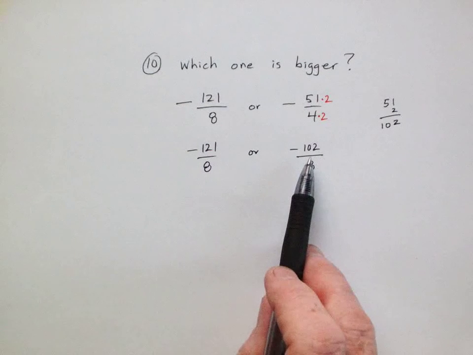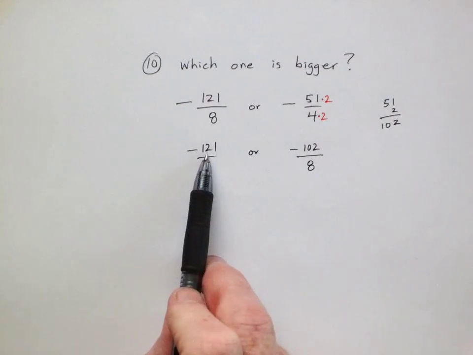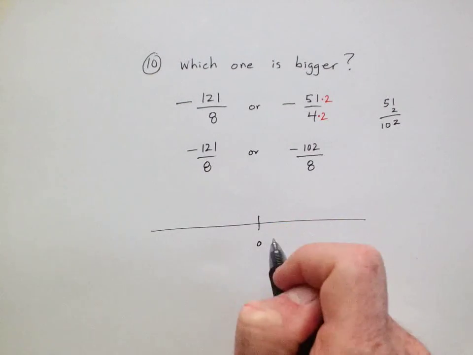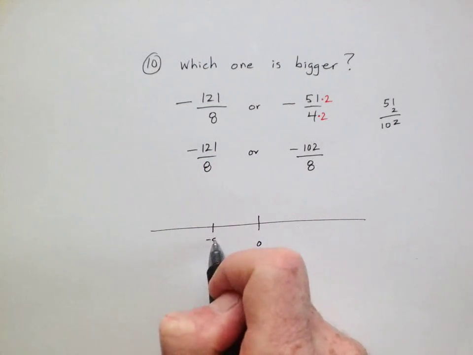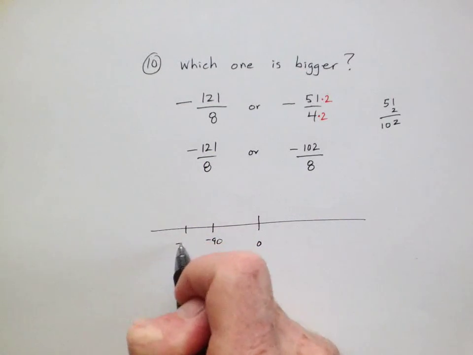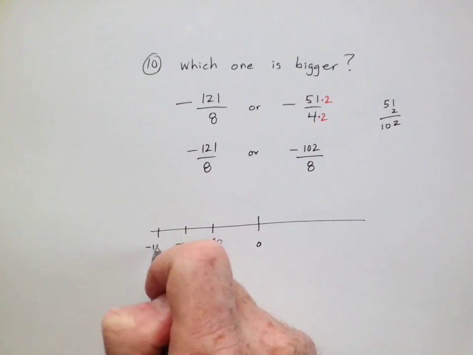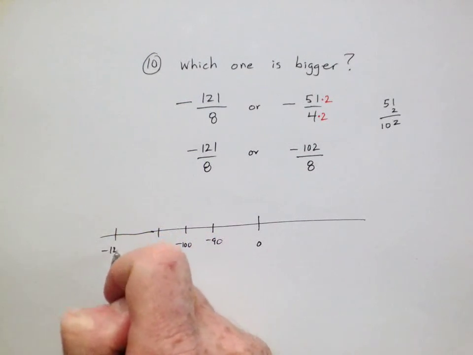Well, if we're talking about positive numbers, then 121 would be the winner. That would be bigger. When it's negative, it's actually the opposite. Because if you look at a number line, 0 would be right here. You'd be going along, eventually you get to negative 90, negative 100, negative 110, and negative 120.